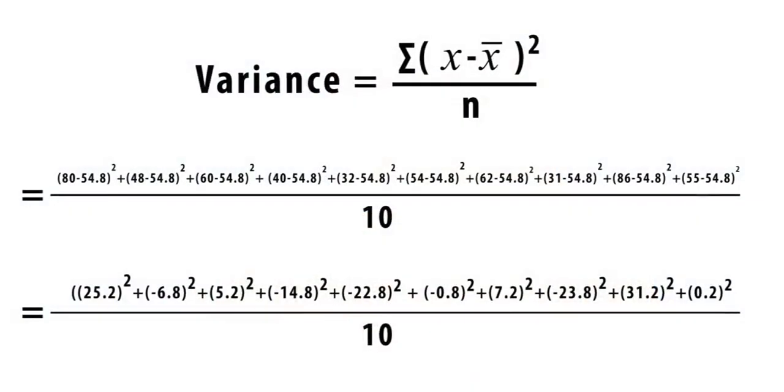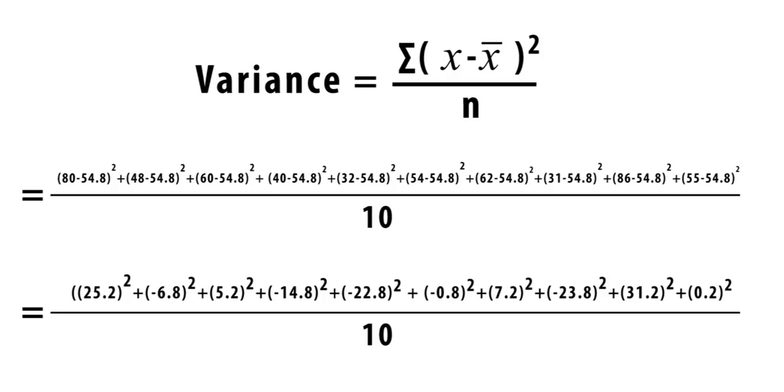For the variance, we use the formula sigma into bracket (x minus x bar), bracket close, raised to the power 2 all over n. That is x equals each data value given to us, minus the mean, all squared, over the number of data values, which is 10.